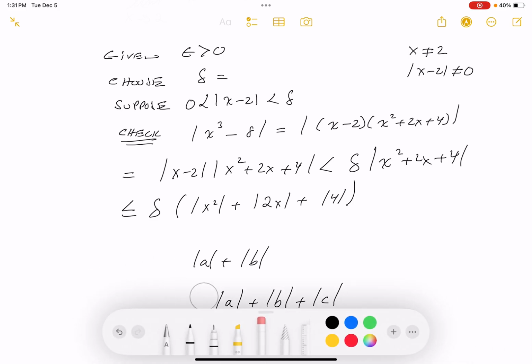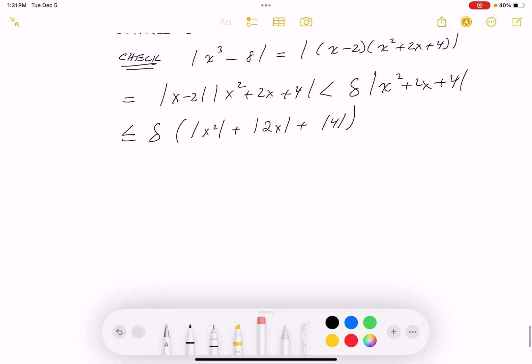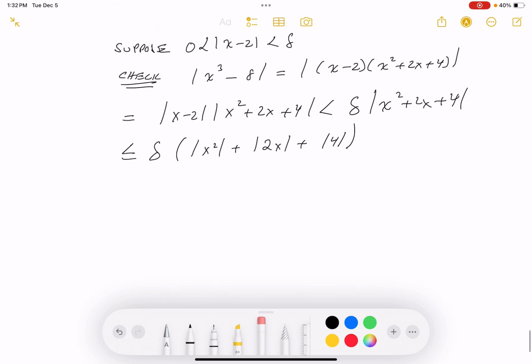I don't need this anymore. I just used it. Okay, let's keep moving. The absolute value of x squared is just x squared. So I can write this as equal to delta times x squared plus 2 absolute value of x plus 4, since the absolute value of 4 is 4.